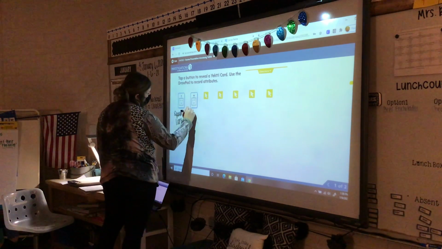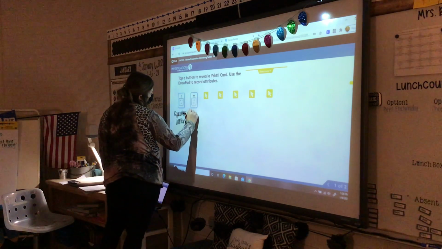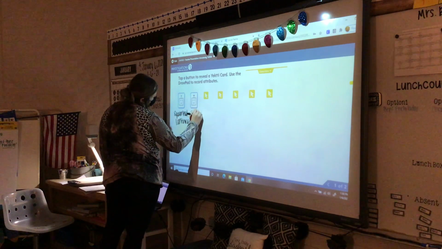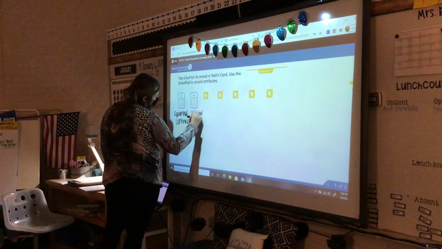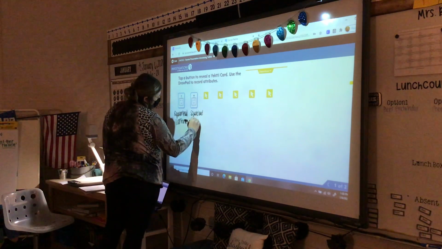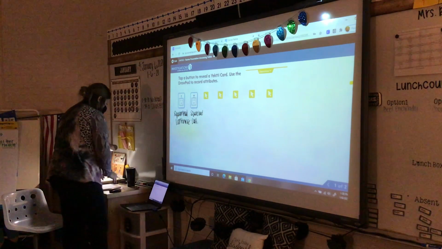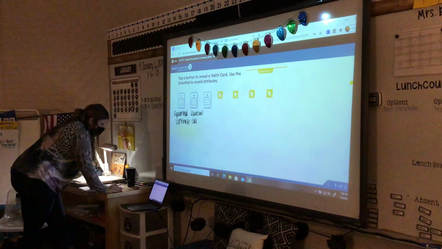And 1 antenna, square head. And 2, I'm going to put ant, and I'm going to put a dot, and that's my abbreviation for it, okay? All right, what about this one?